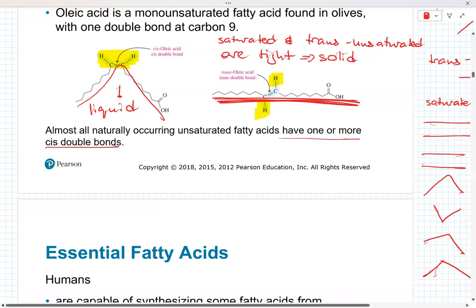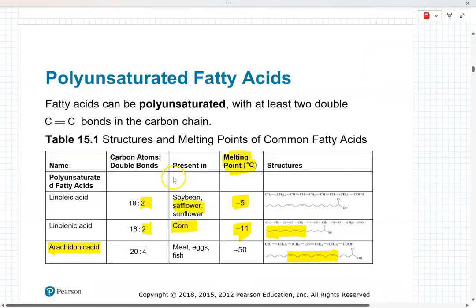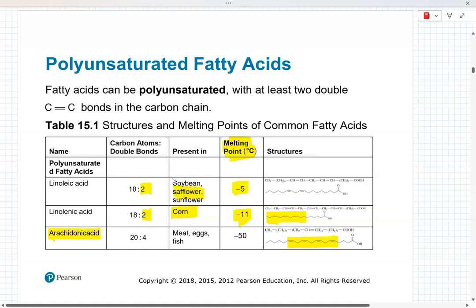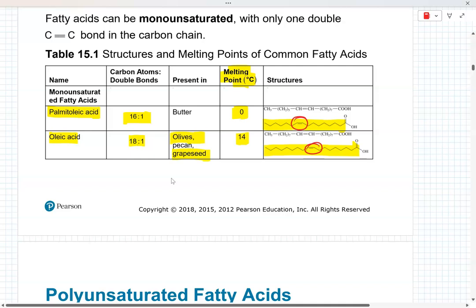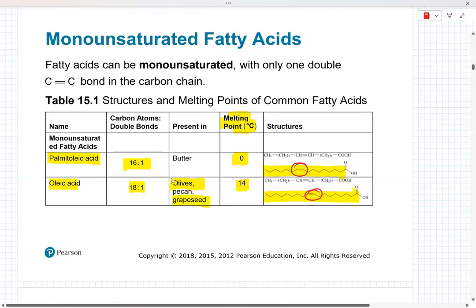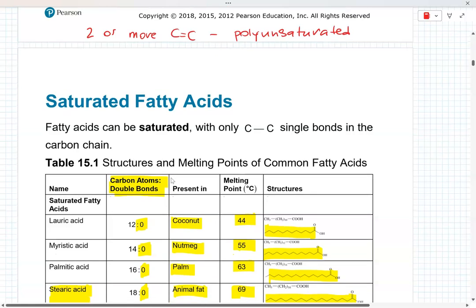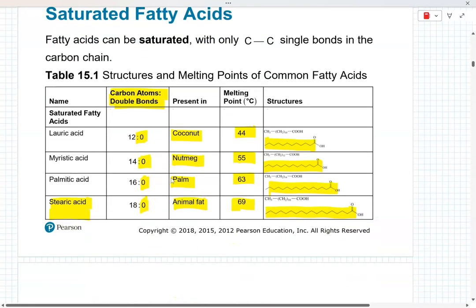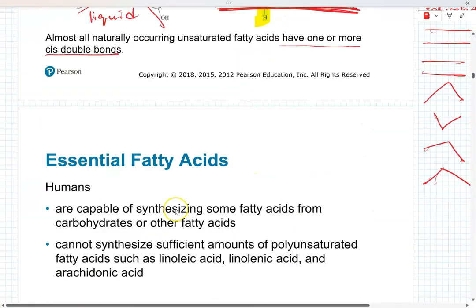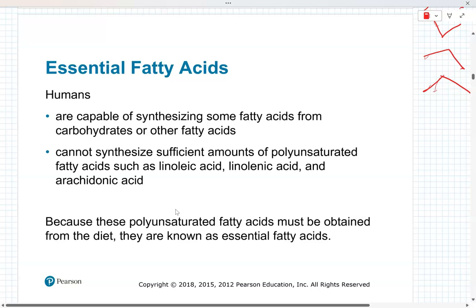If you look at melting points, again, this is your polyunsaturated, multiple kinks, right? The melting point is really low. This is your monounsaturated. The melting point is still relatively low. And this is your saturated. These guys have a really high melting point because they are much more tightly packed. Am I making sense? We're going to come back to it when we talk about trans fats again.